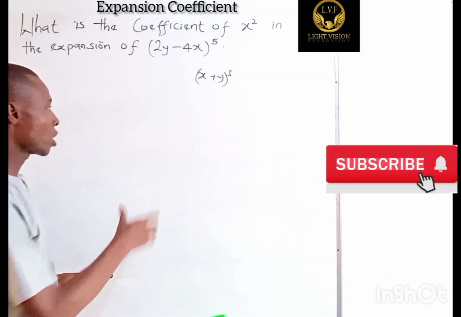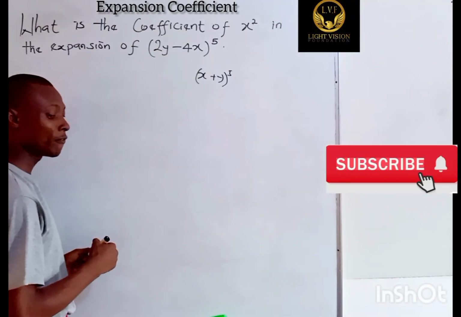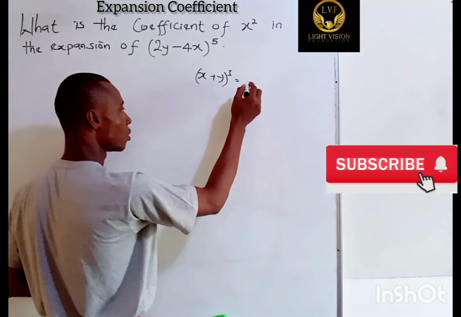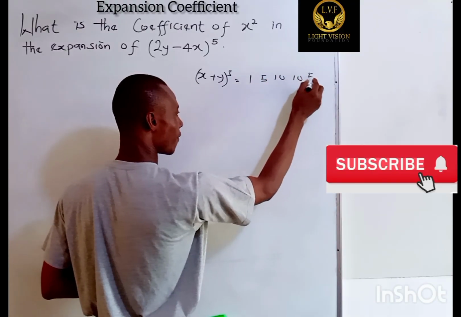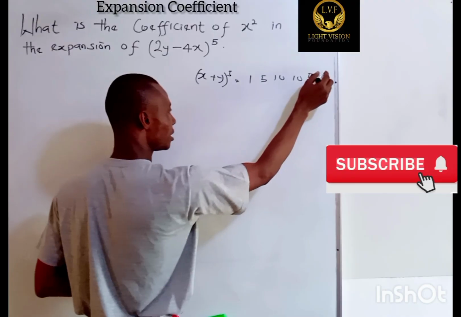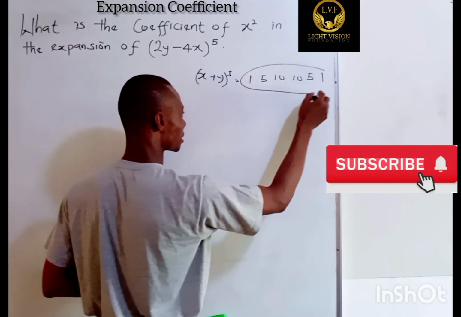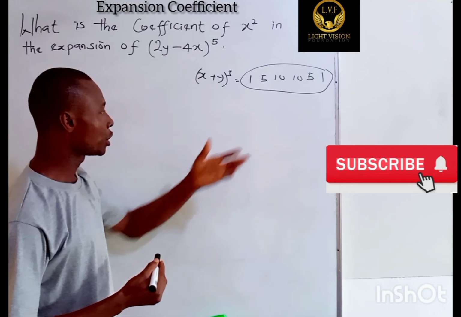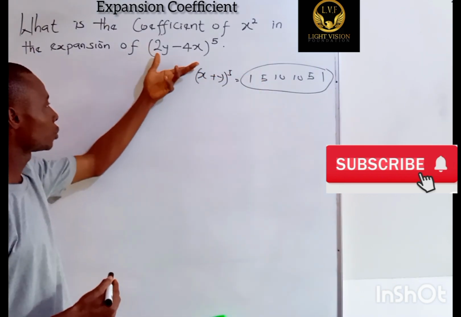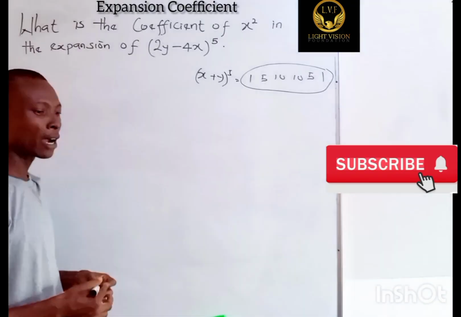So recall that when we expand this, the coefficients become 1, 5, 10, 10, 5, 1. Now this is the coefficient from Pascal's triangle. So this is what we use in the expansion of (2y − 4x) raised to the power of 5.